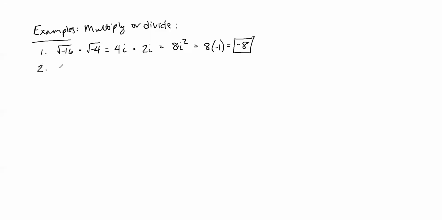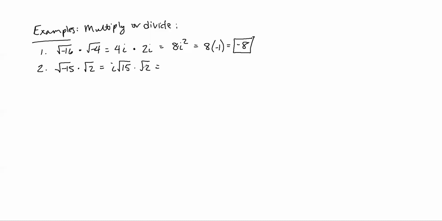Let's try another. The square root of negative 15 times the square root of 2. With this one, we have a negative and a positive, so we go ahead and change to i first. With the first one, I'm just going to take out the i and leave the square root of 15 times the square root of 2.